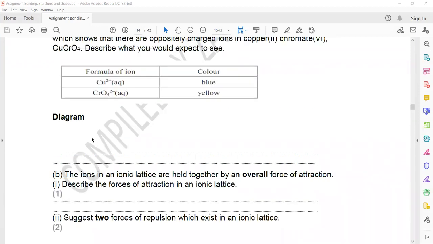And the description for the experiment: we will see that yellow ions will move towards the positive electrode and blue ions will move towards the negative electrode.